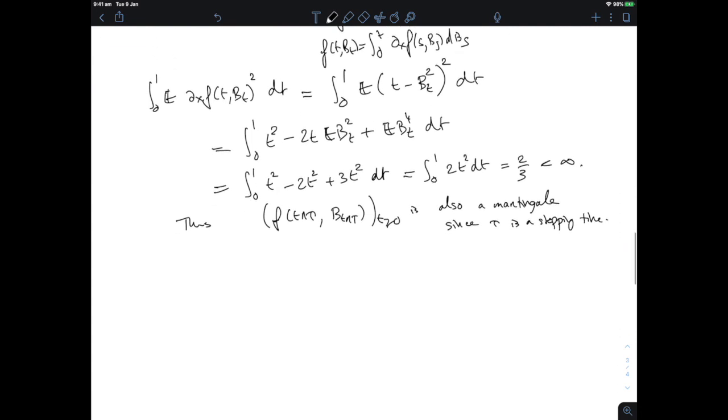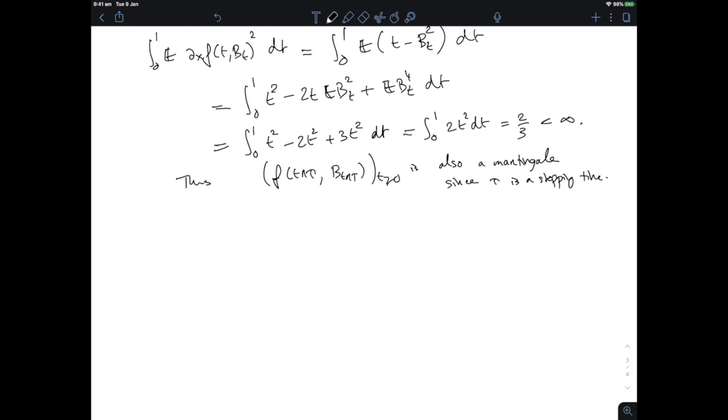Very good. So what does that give me? That gives me that the expectation of f(t∧τ, B(t∧τ)) is equal to the expectation of f(0,0), which is 0, for all t in [0,1].